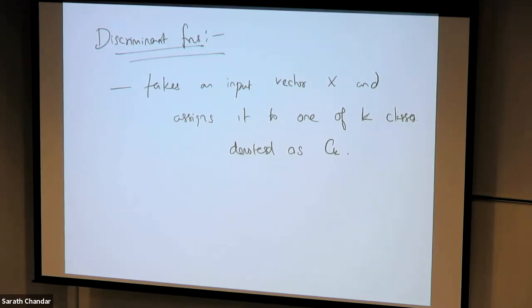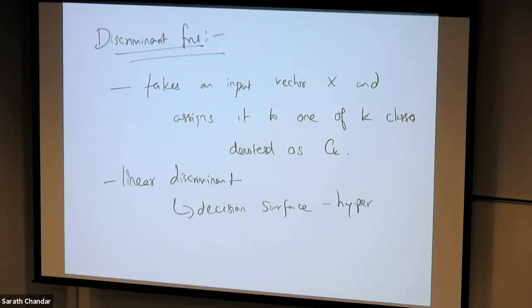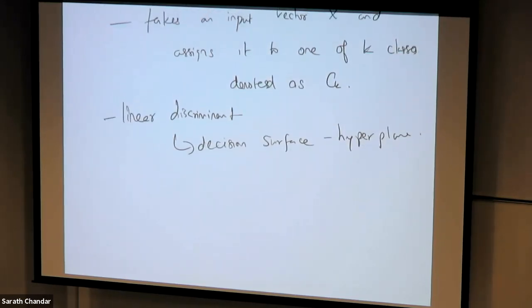Discriminant-based models, where you have a discriminant function which takes the input X and assigns it to one of the K classes, denoted as CK. Now we are going to consider only linear discriminants today, which means the decision surface is going to be a hyperplane. Again, for easy visualization, let's start with a two-class problem.